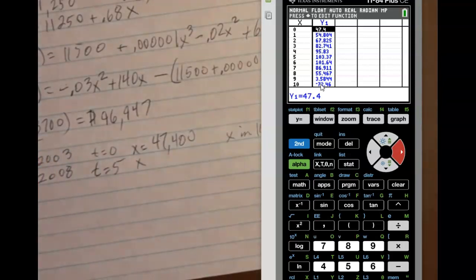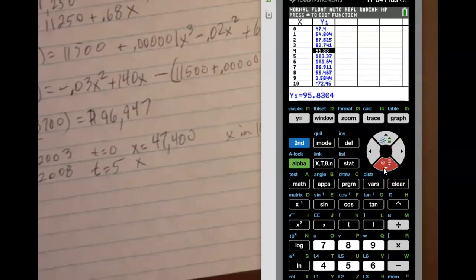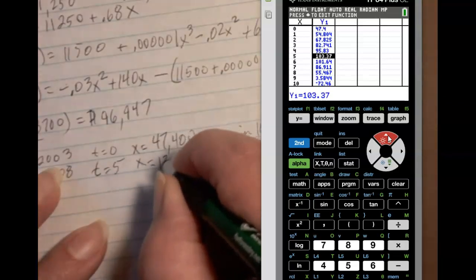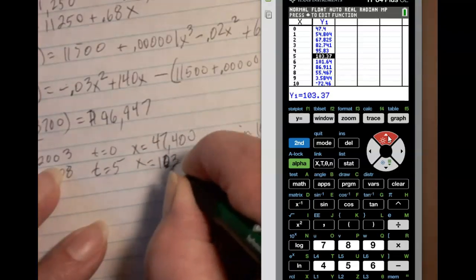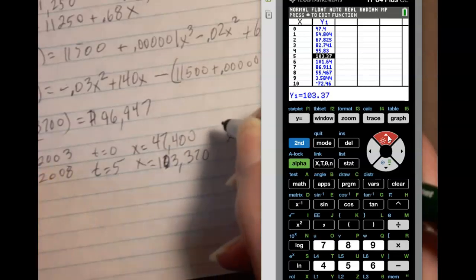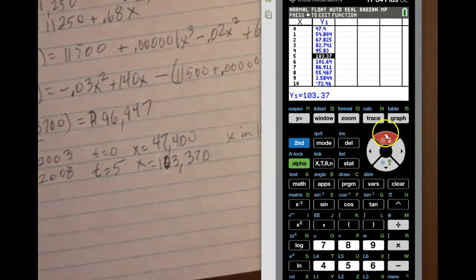And the second answer, according to this graph, if I just scroll down now, scroll one too many, will be 103,370. So 47.4 for the first and 103,370.